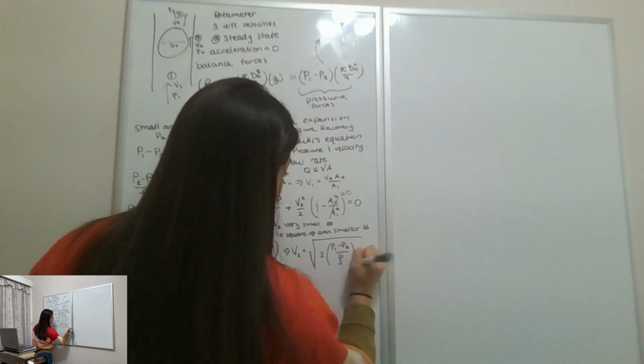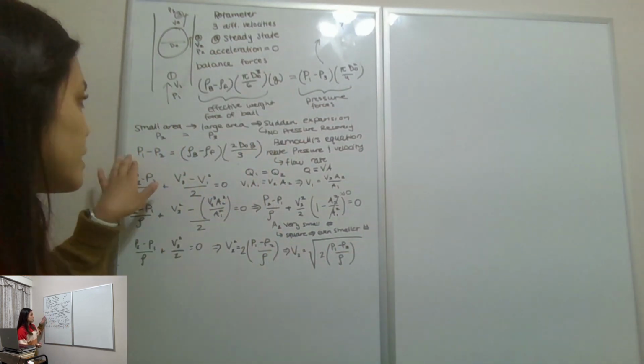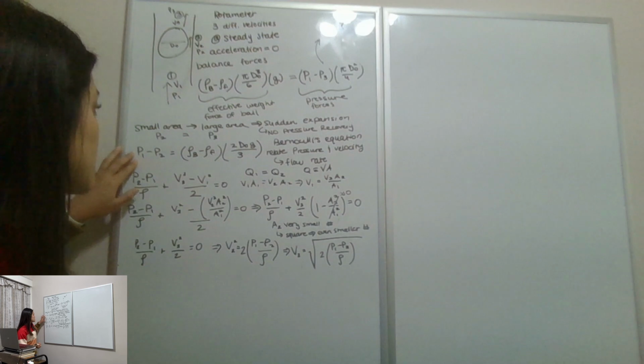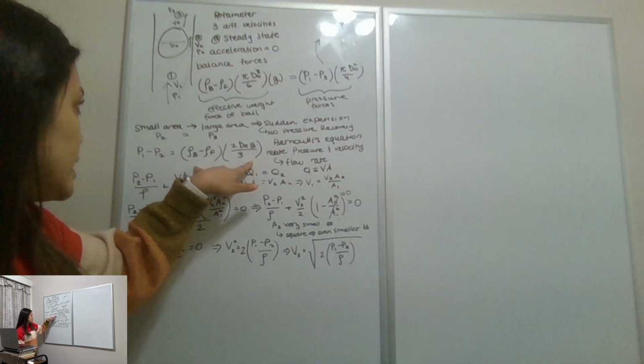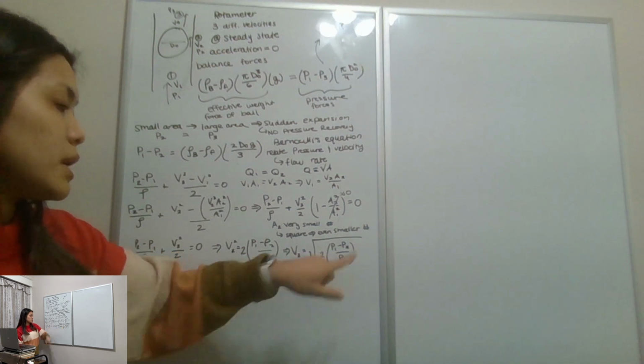divided by the density. And this is why we have this balanced forces up here, because now we can plug this equation in for the pressure at position 1 minus pressure at position 2.